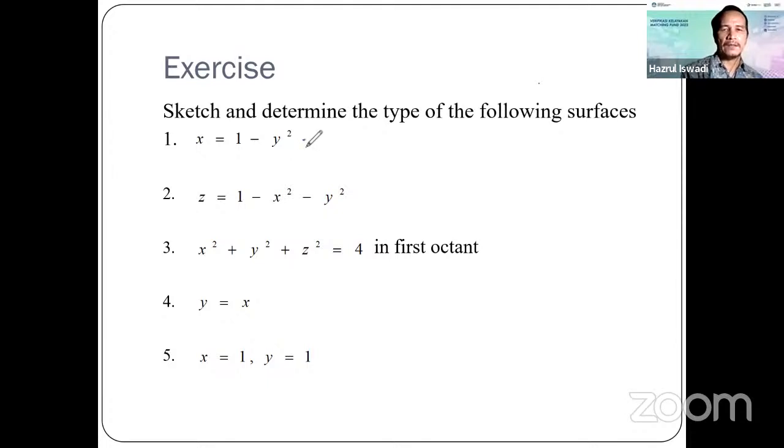For example, this is a cylinder, or specifically, this is a paraboloid cylinder.